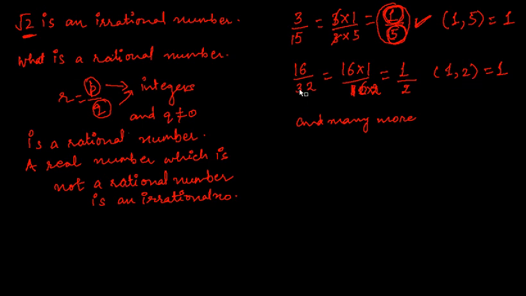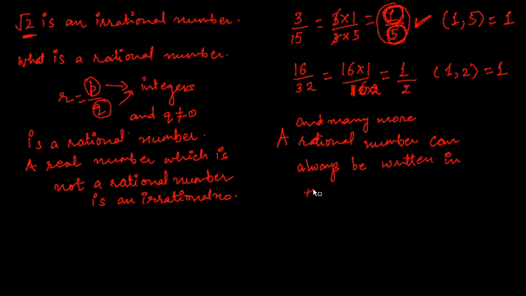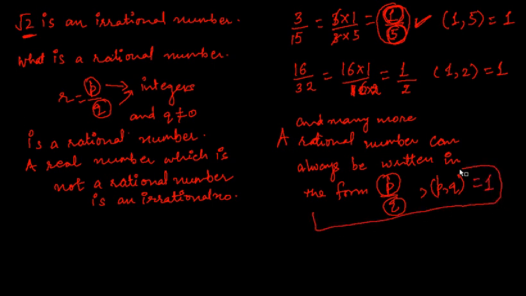So a rational number can always be written in the form p upon q, where p and q have GCD equal to 1. This thing is important.